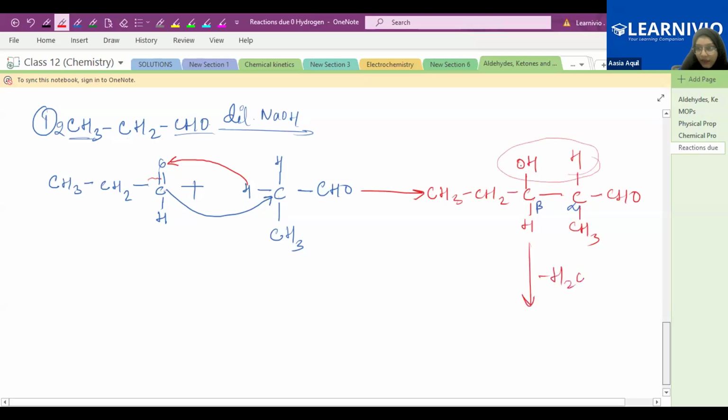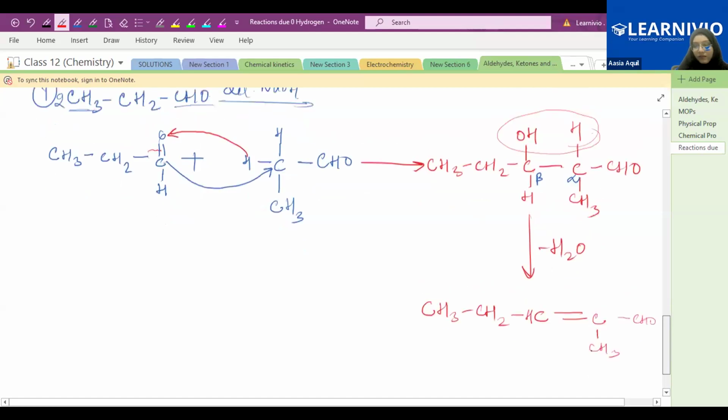Dehydration will occur, and you will get a double bond between the alpha and beta position. So you can now write CH over here, and this is what you will get. This is the final product. Is it clear?